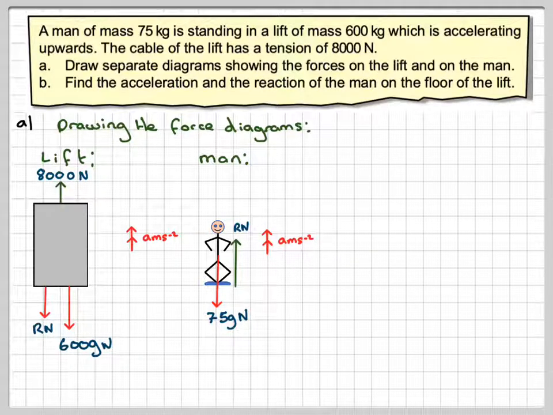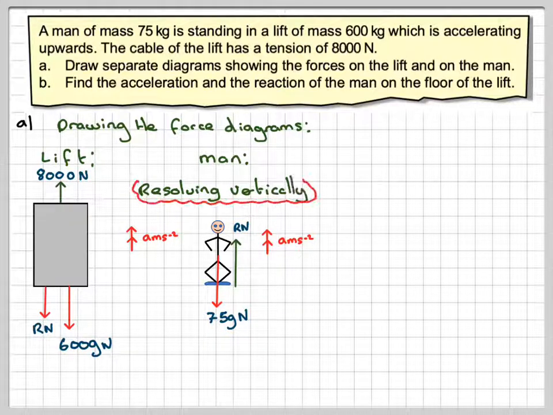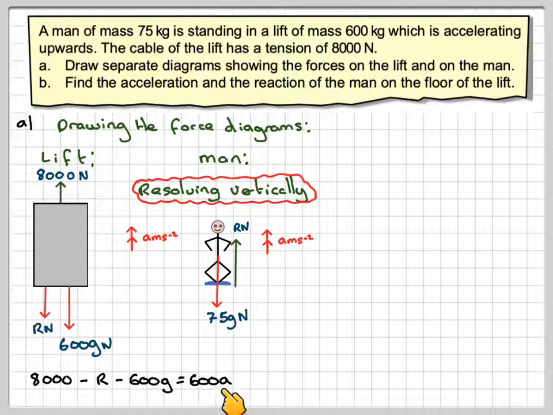Okay, and what we've got to find is A and R, two unknowns, so that should suggest that we need two equations. If we resolve both situations separately vertically, then for the lift we've got 8,000 minus R minus 600G is equal to the mass of the lift, 600 kilograms, times the acceleration, using Newton's second law.